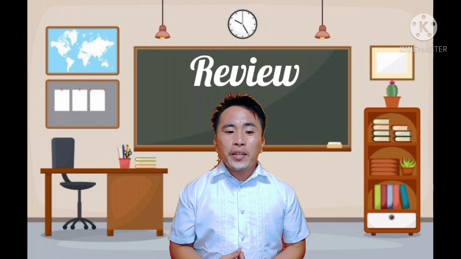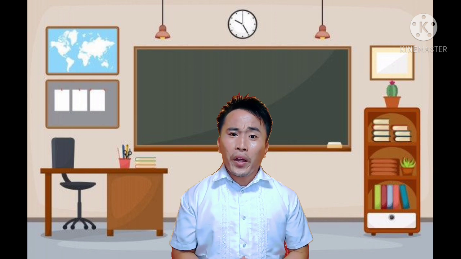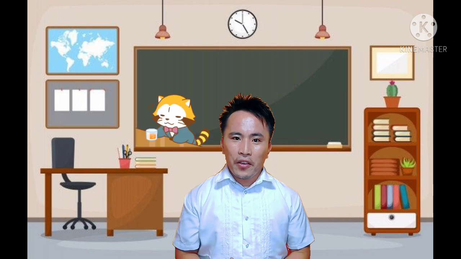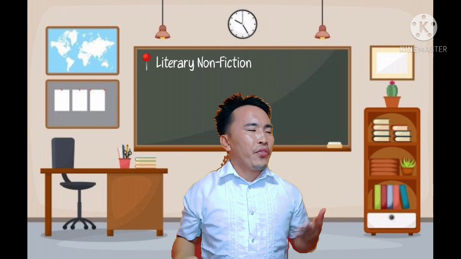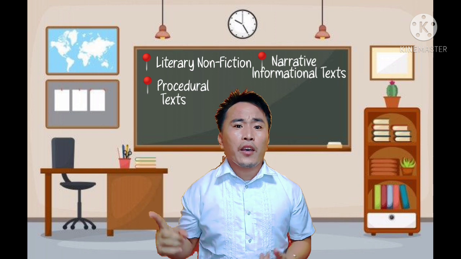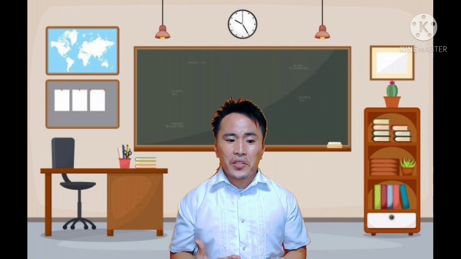To review, we discussed the different kinds of informational text. Again, what are the different kinds of informational text? Exactly, very good. We have literary non-fiction, narrative informational text, procedural text, expository text, and argument or persuasion text.